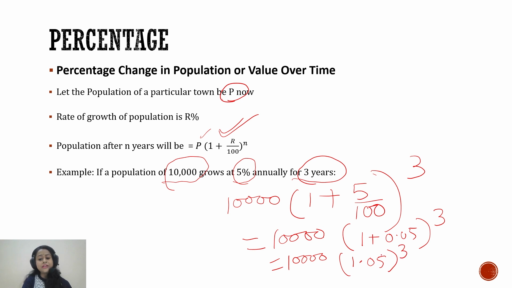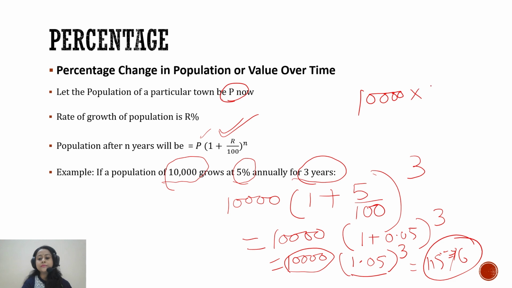So you have to multiply it 3 times, and then multiply it by 10,000, and you will get nearly 11,576. It will come in decimal because 1.05 is there. So just multiply it like this.